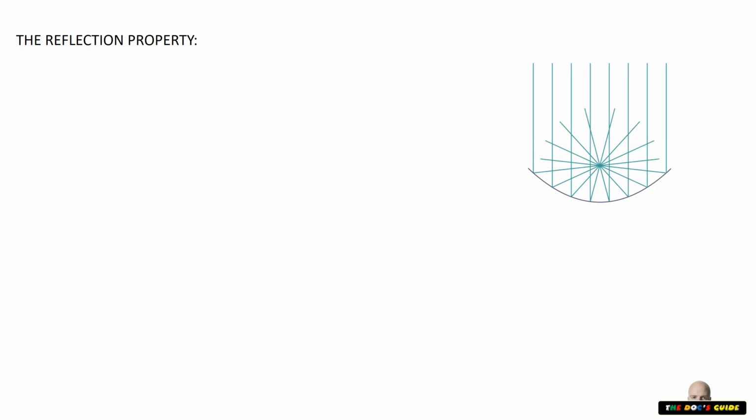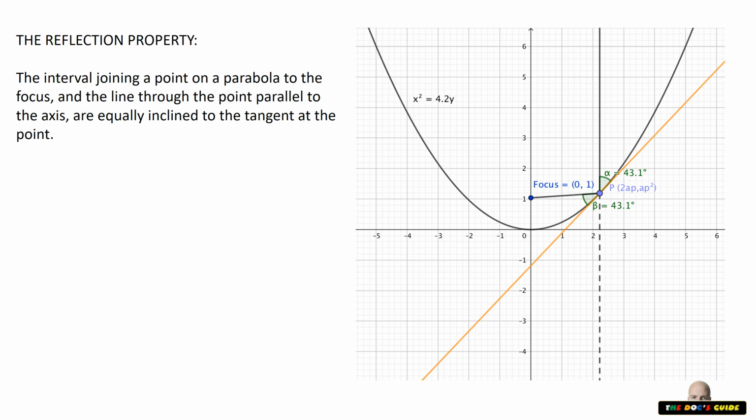So there's a very practical application of this reflection property, and there's a similar reflection property for circles, ellipses, and so on, but we're just looking at it for the parabola at the moment. So the reflection property, when we look at it mathematically, says that the interval joining, and interval is just a fancy word for line, the line joining a point on the parabola to the focus.